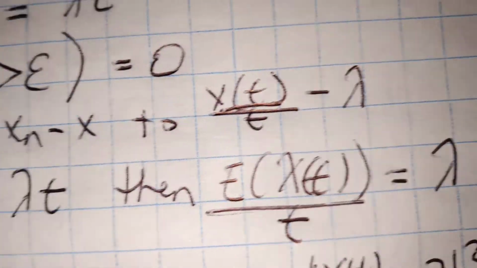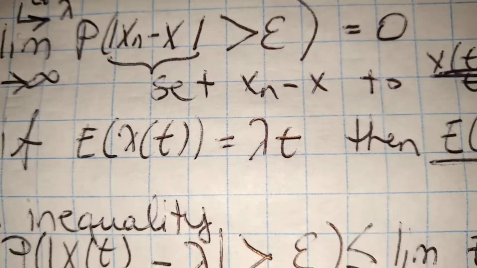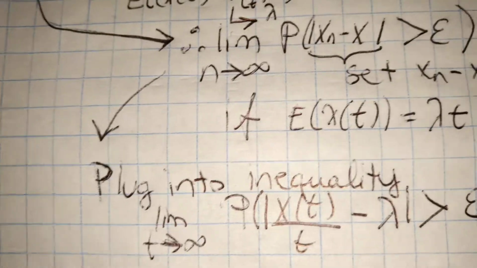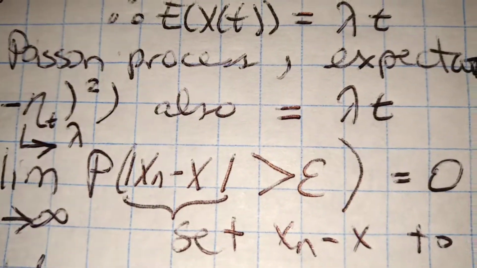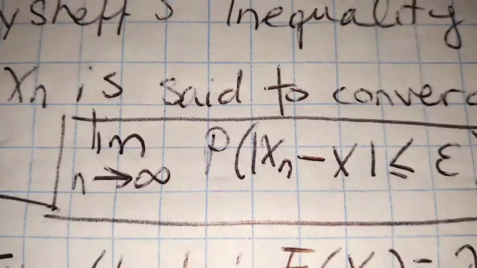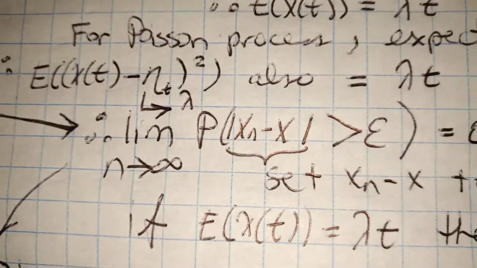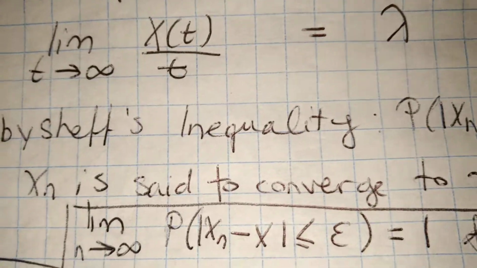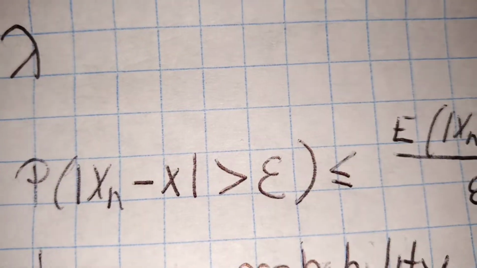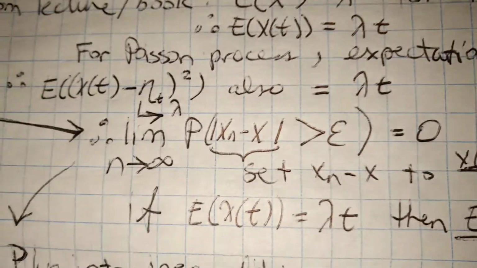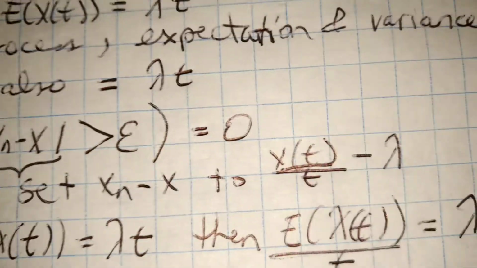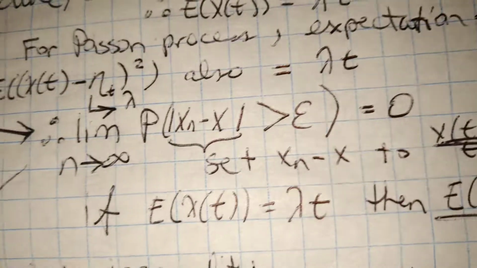So here we're just setting 0 equals 0. And so this that we rearranged from this box actually becomes the first piece of the Chebyshev's inequality here. Once we've set this to X(t) over t minus λ, we can plug that into the inequality.